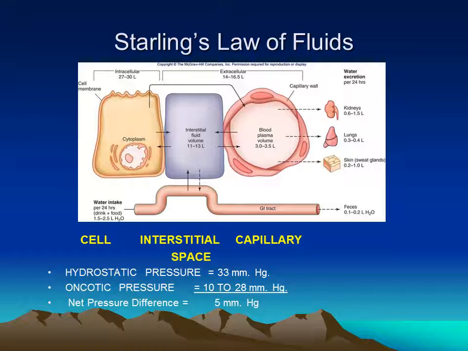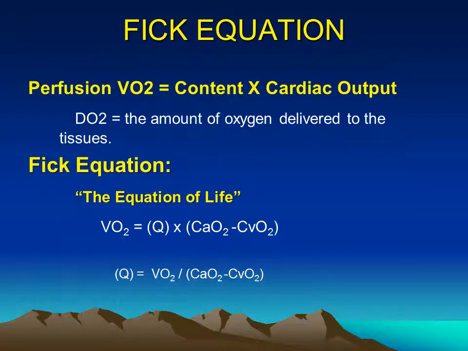So again, 33 to 35 for the hydrostatic pressure, the oncotic pressure 10 to 28, and the net difference, the left-hand side, is approximately 5 millimeters of mercury. We talked about the hydrostatic pressure. We talked about oncotic pressure, that the hydrostatic pressure is what goes to the cell.